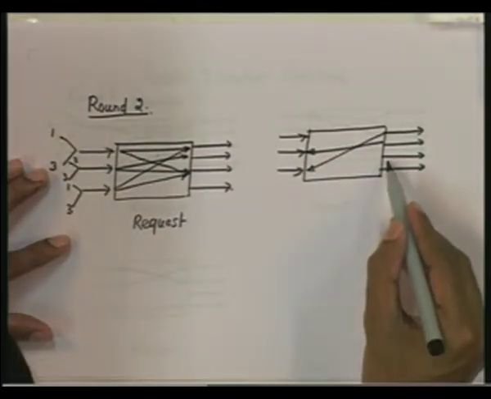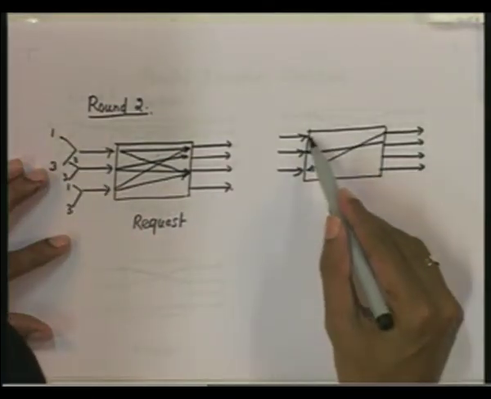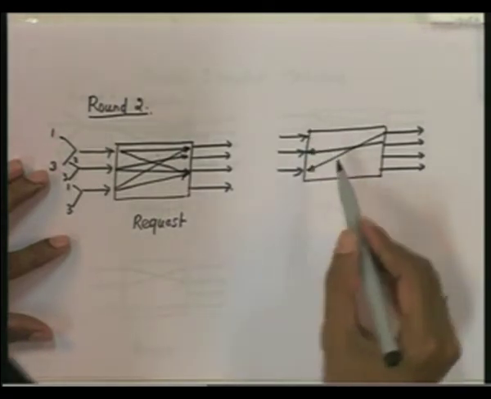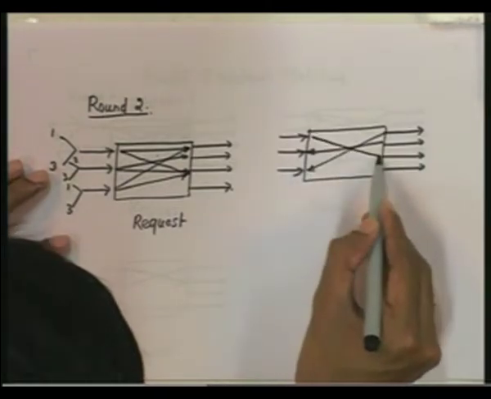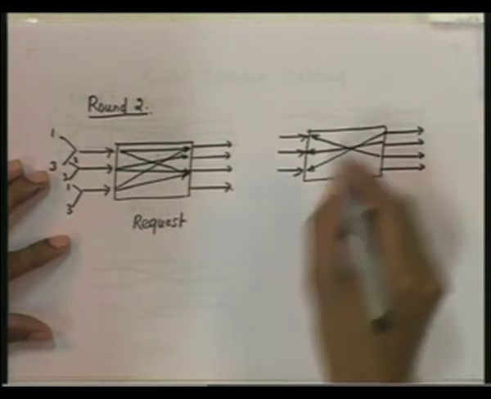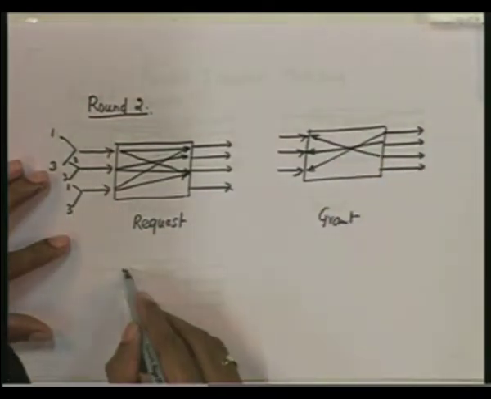And port 3 has received requests from port 1 and 3, so it can grant it to port 1, let us say. So this is the grant phase. In the accept phase, of course, all 3 input ports will accept it.